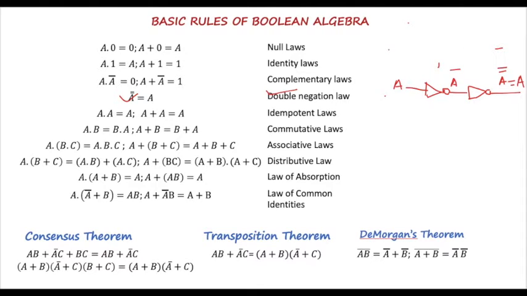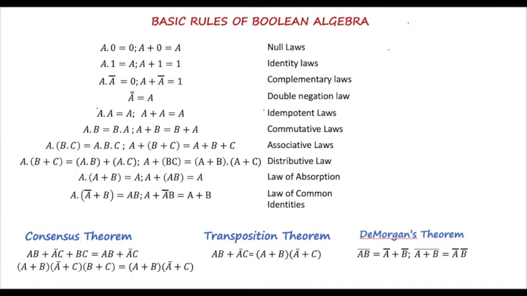When A equals 0, you can see this will be 1 and this will be 0. And when A equals 1, then this will be 0 and this will be 1. So you can see the input and output will be the same.